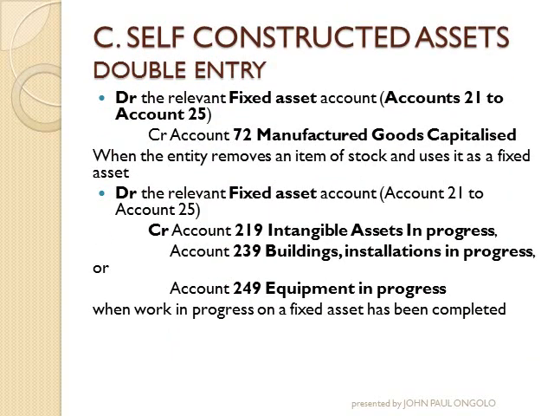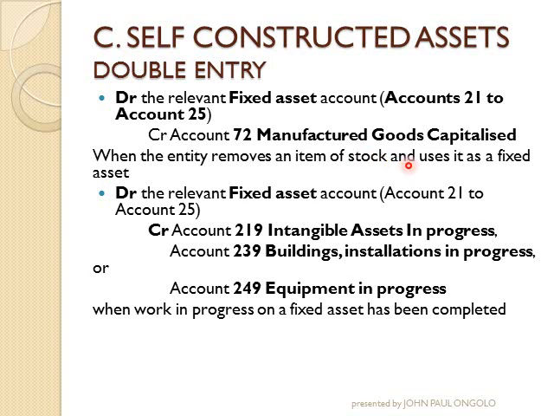The double entry of self-constructed assets. You debit a fixed asset account. Obviously, when you initially recognize a fixed asset, you must always debit the fixed asset account. But in the case of self-constructed assets, we are going to credit account 72 manufactured goods capitalized when the entity removes an item of stock and uses it as a fixed asset.